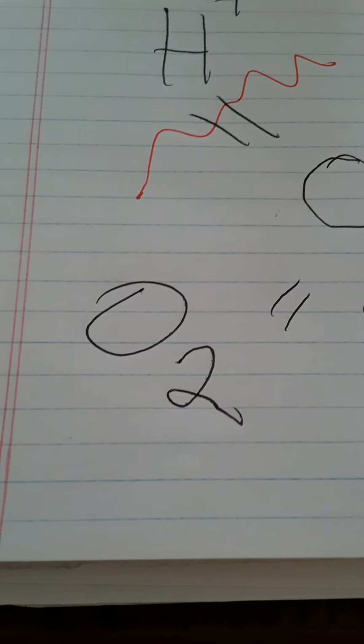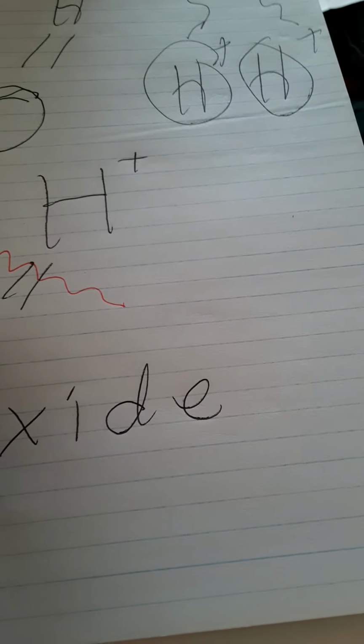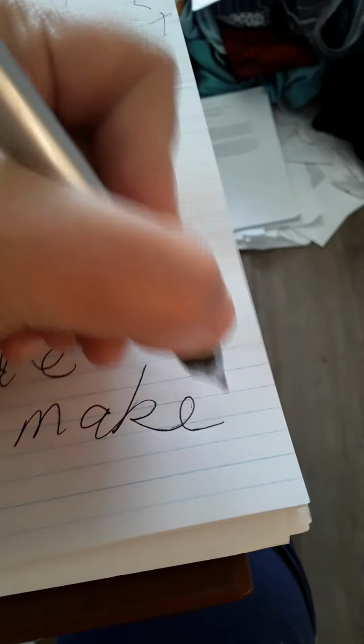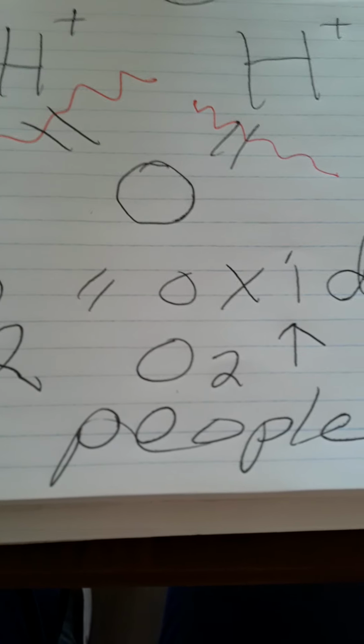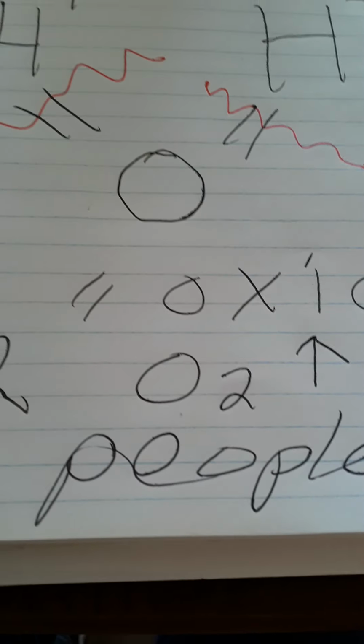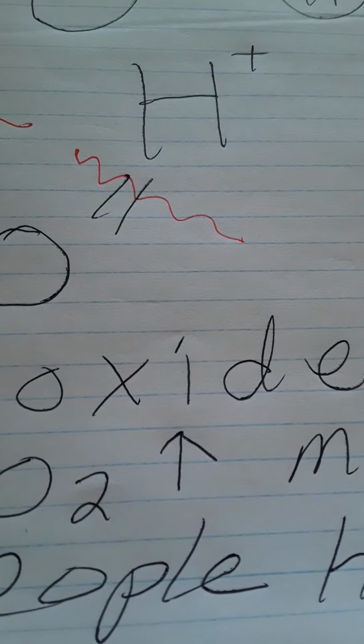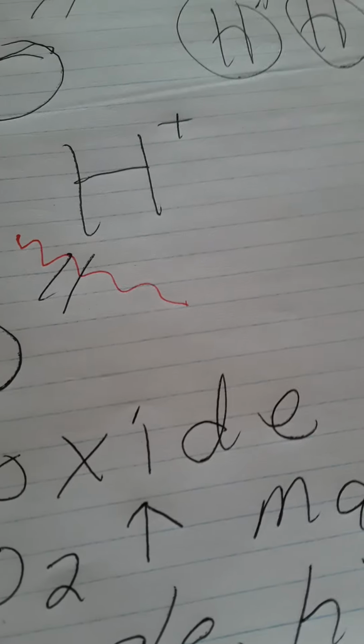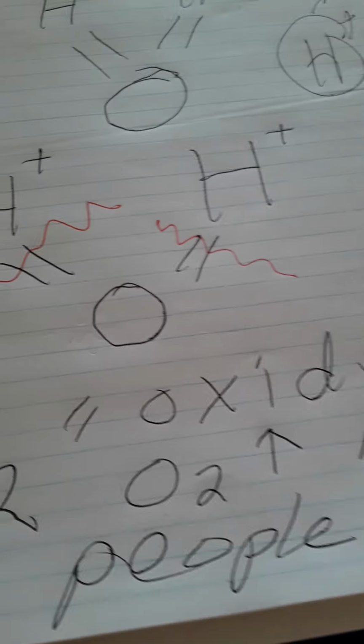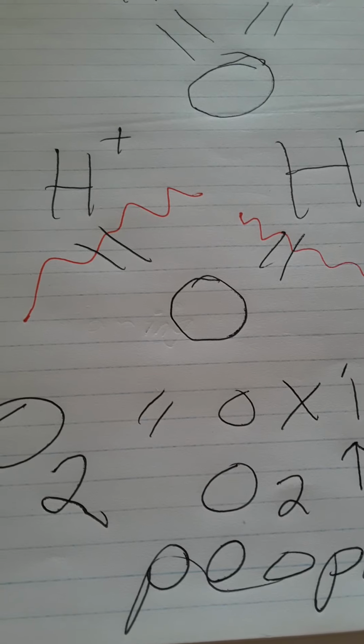And in people's bloodstream, the O2 becomes highly concentrated here, which makes people high. Too much oxygen in a bloodstream will make you high and dizzy and feeling a euphoria.